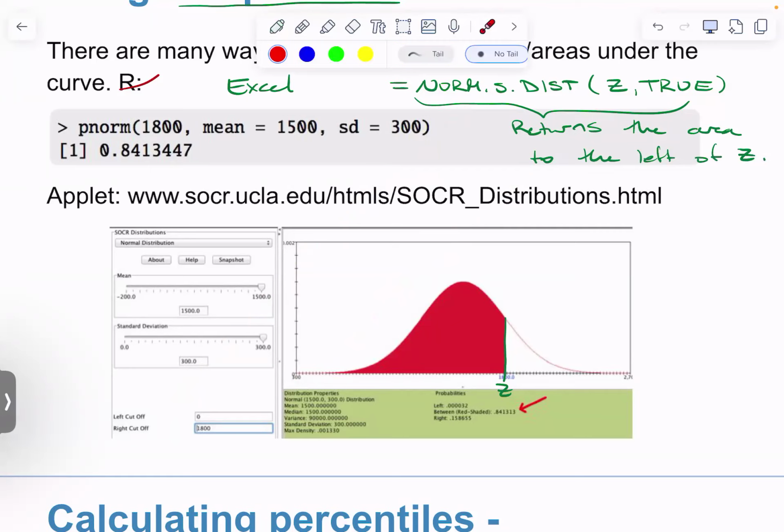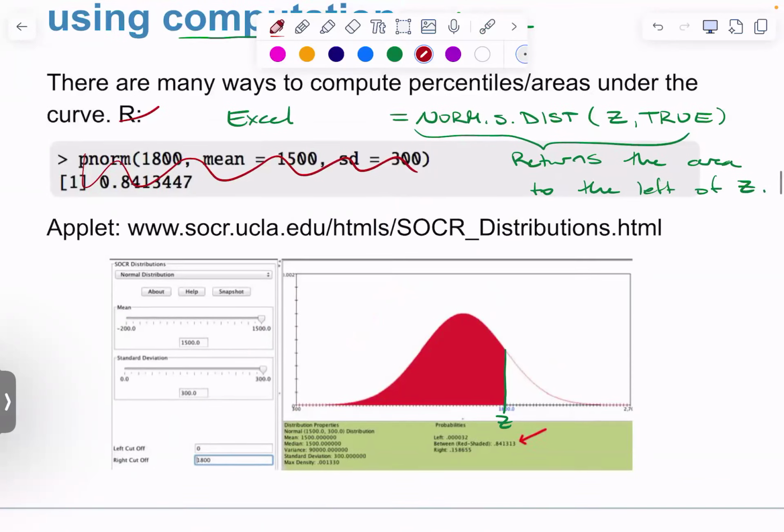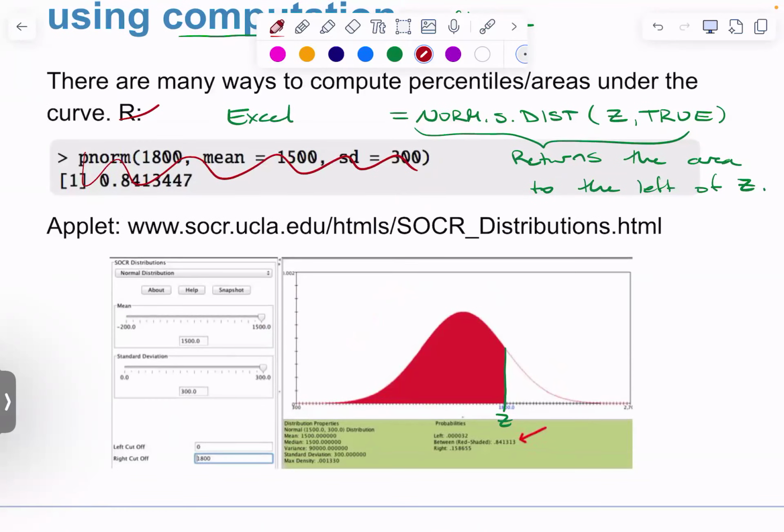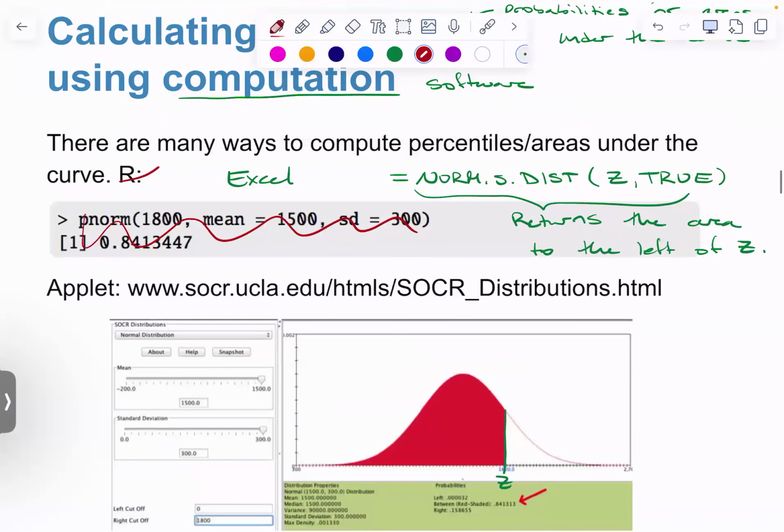So you can calculate your Z. Does the true just mean the standard deviation? So the true is technically cumulative equals true. If you said false, it would return 0.